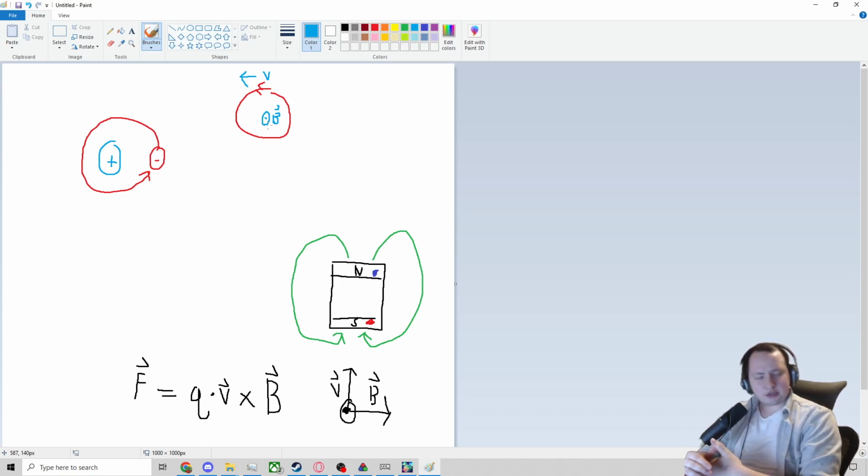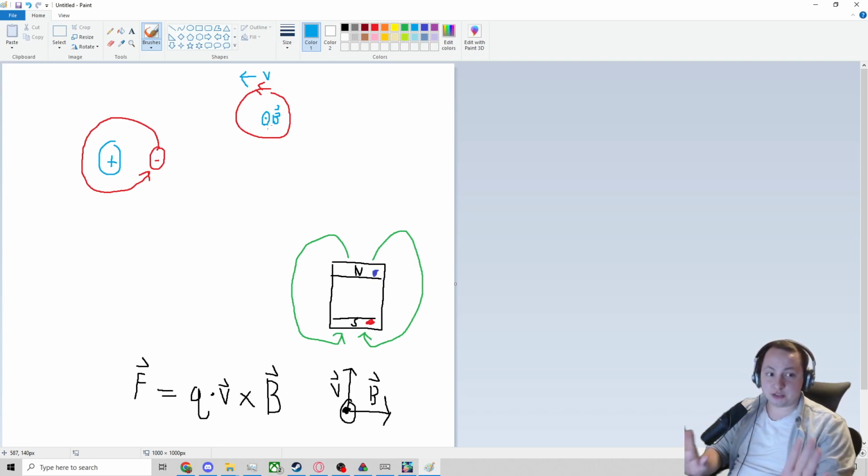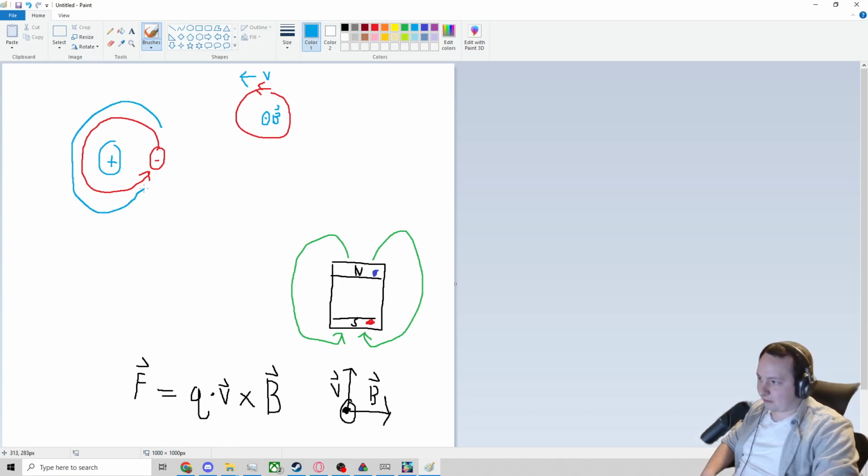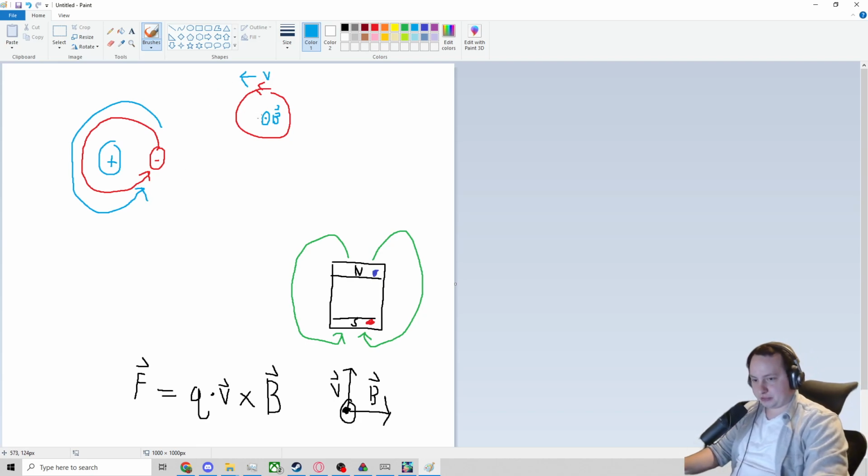So you can think of each little individual atom as a bunch of small little circuits, where this electron moving in a circle is like a wire, kind of like in electricity. And this velocity will produce a magnetic field.